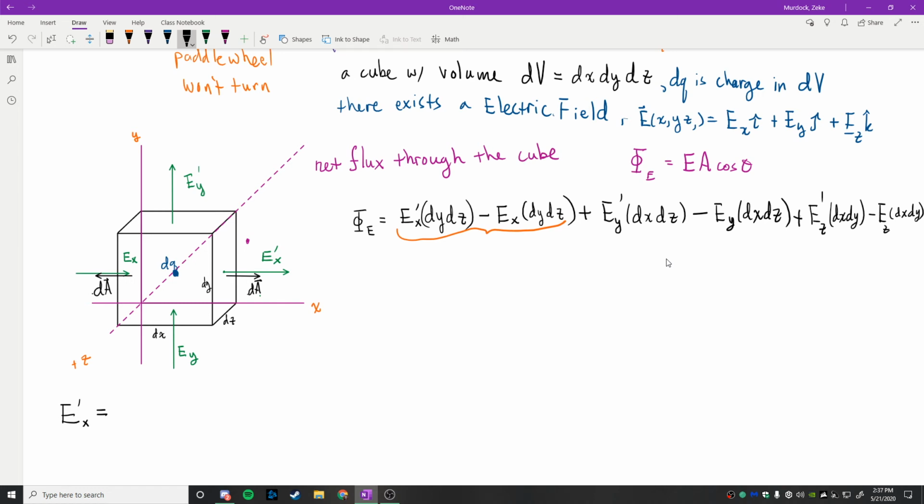I would argue that if I take the value of the electric field on the left face and add to that the derivative of the electric field with respect to x, multiplied by dx, this will give me the value of Ex prime.